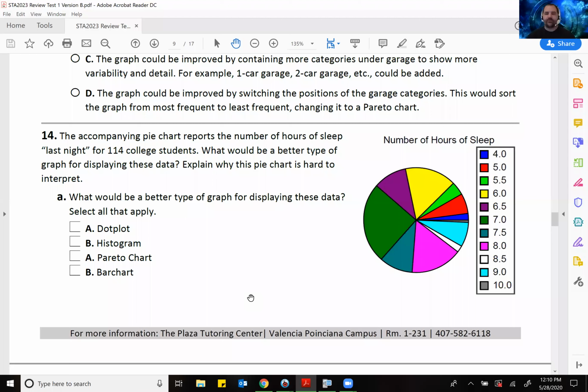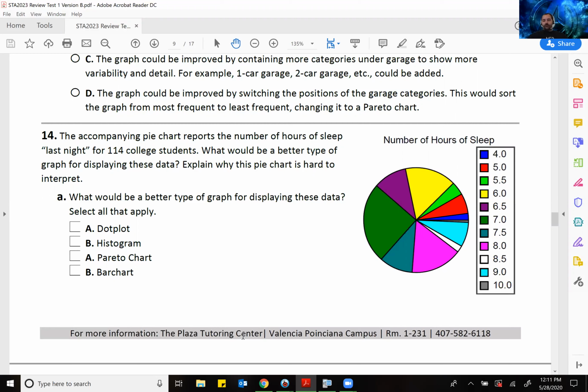Yeah, I'd probably throw a histogram at this thing. It also says select all that apply, right? I'd throw a histogram because this is measurable. Does that make sense? This is measurable, so a histogram would definitely be a better display because we use it for things that are measurable. That means it's numerical. A histogram is going to show this a lot better.